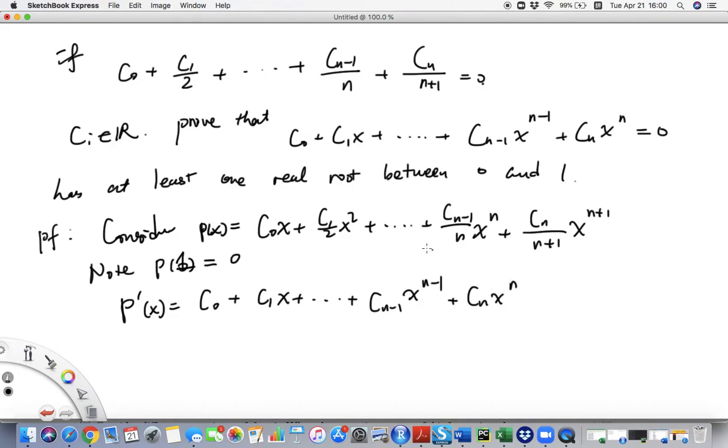Essentially you want to show that the derivative of this polynomial is equal to 0 somewhere. Now, p of 1 is equal to 0. What about p of 0? If you plug in x equal to 0, that's also equal to 0, right?